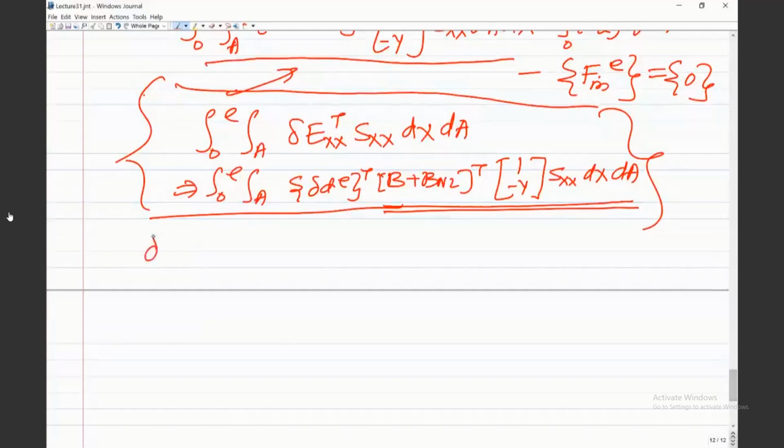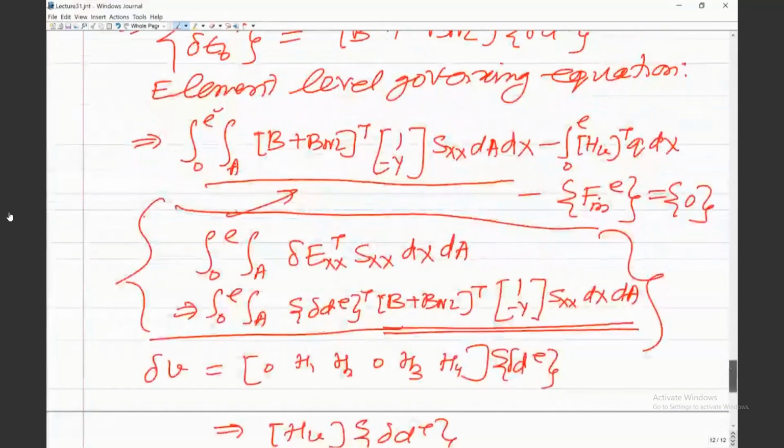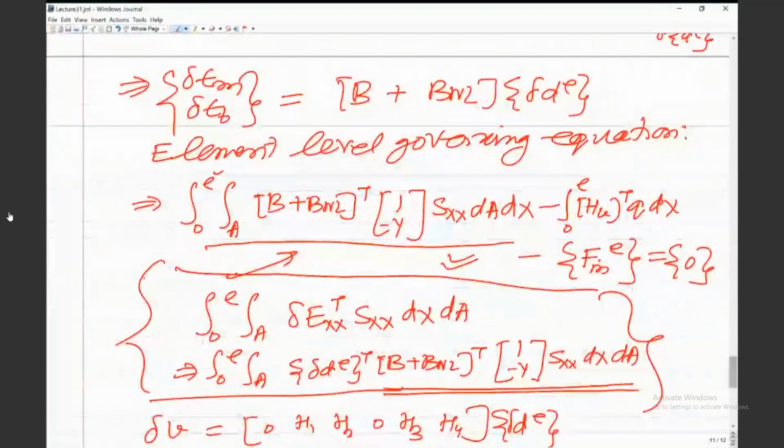If you look at delta V, that would be the matrix 0, H1, H2, 0, H3, H4 into delta DE, and this matrix which I have used over here I am calling HV, into delta D. So that is delta V. So now we have got this as the element level Galerkin equation. Now we want to write the incremental form of this.